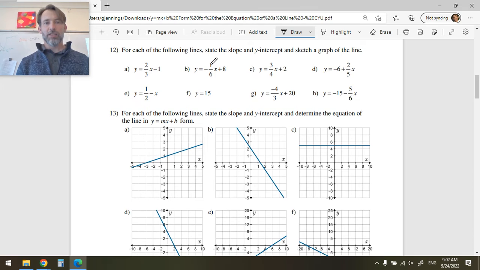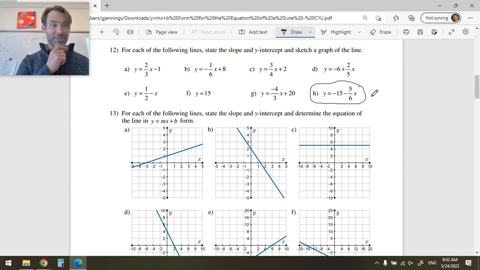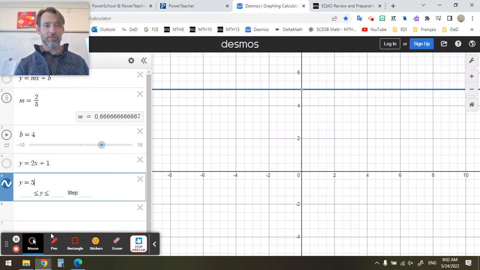So for each of these lines, state the slope and the y-intercept, and then sketch it. So with some of them, they've been turned around. So be careful here. Negative 15 minus 5 over 6x. Well, this is a line that crosses the y-axis at negative 15 and it runs 6 when it rises negative 5. So let's go ahead and graph that.